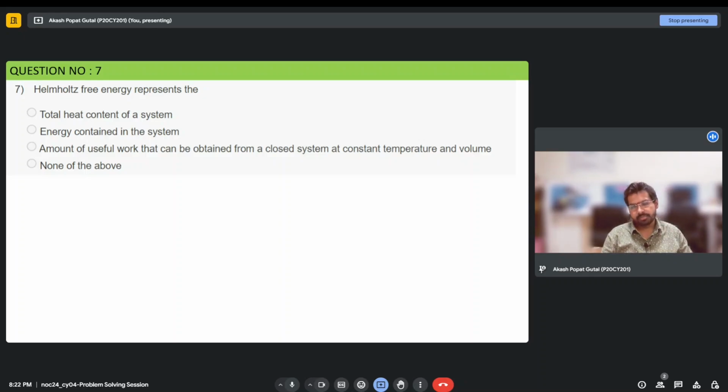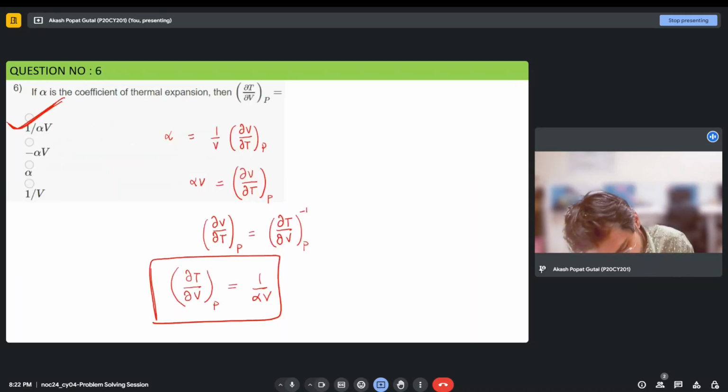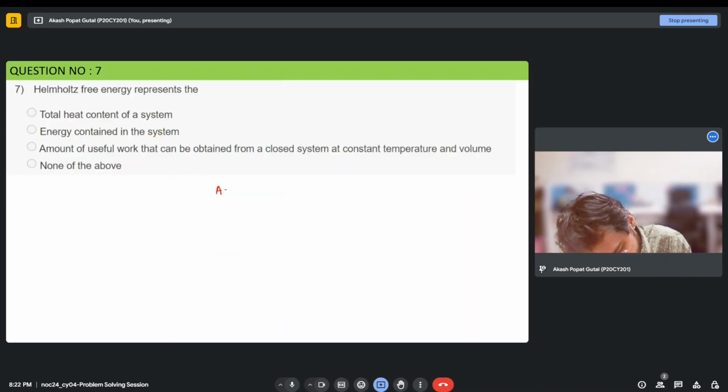So the Helmholtz free energy represents the amount of useful work that can be obtained from a closed system at constant temperature and volume. So we know what the Helmholtz free energy is: A is equal to U minus TS.